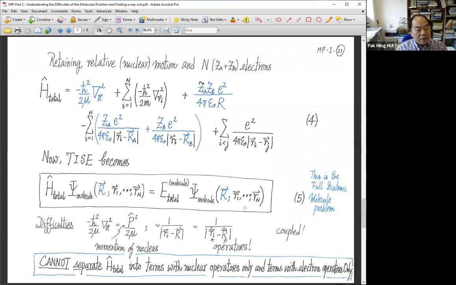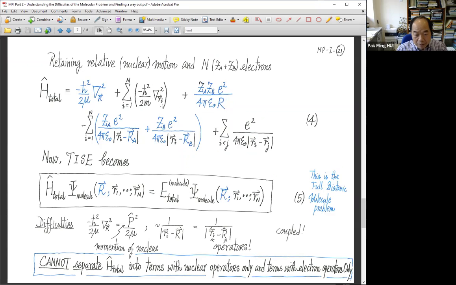Now, it is time to discuss the difficulty in one line. As I emphasize all the way along up to this point, this is the momentum operator of the nuclei, and these are the position operators of the nuclei. Okay.